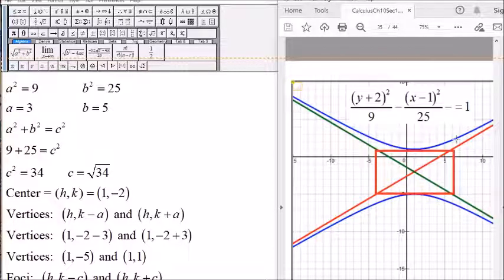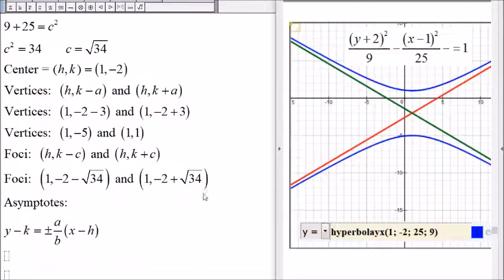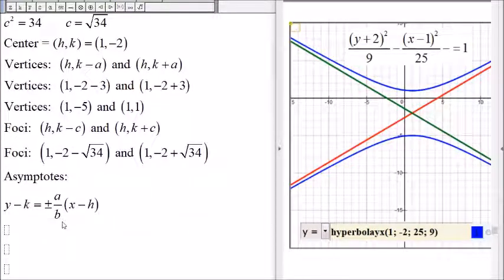So for branches opening up and down, the slope of the asymptote, or the diagonal lines, will be a over b. But if the branches open left and right, then the slope of the asymptote would be b over a. And so that's why we have a over b and not b over a.